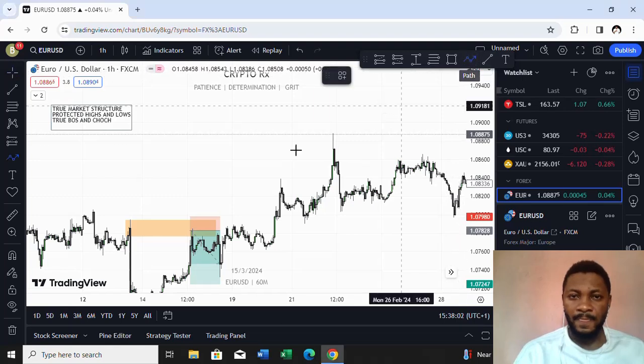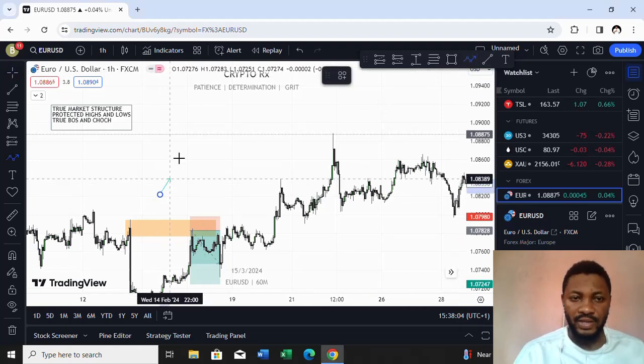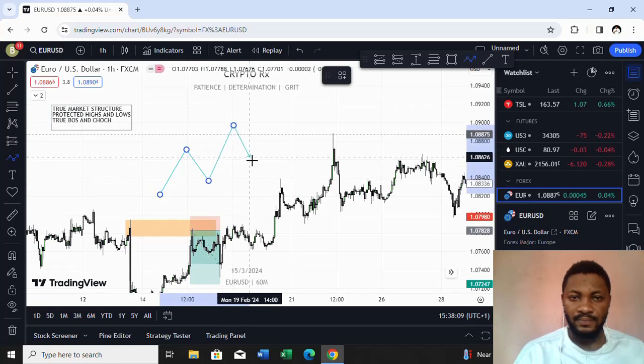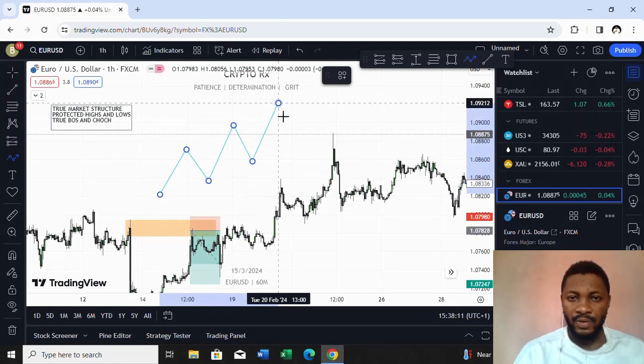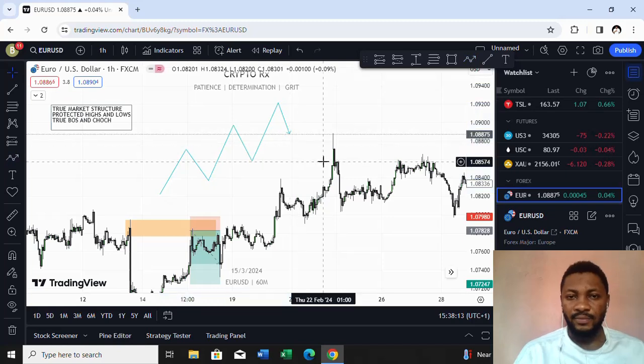For an example, they say market structure goes like this. Like this is how the market moves. But this is far from the truth because this is not actually how the market moves.